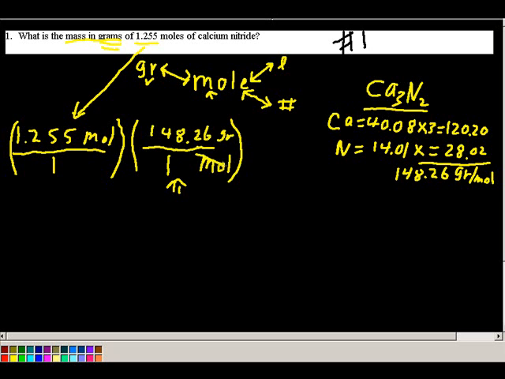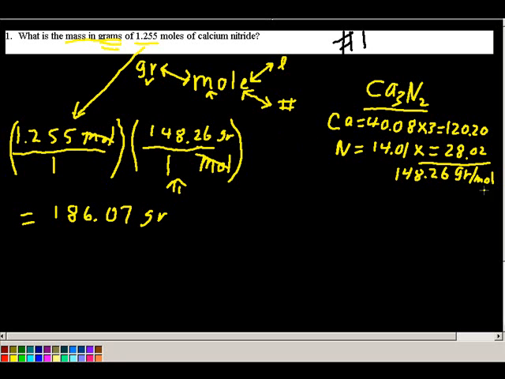Notice our moles cancel here. And if you multiply it through, it's going to equal 186.07 grams. Now the question is, does this make sense?